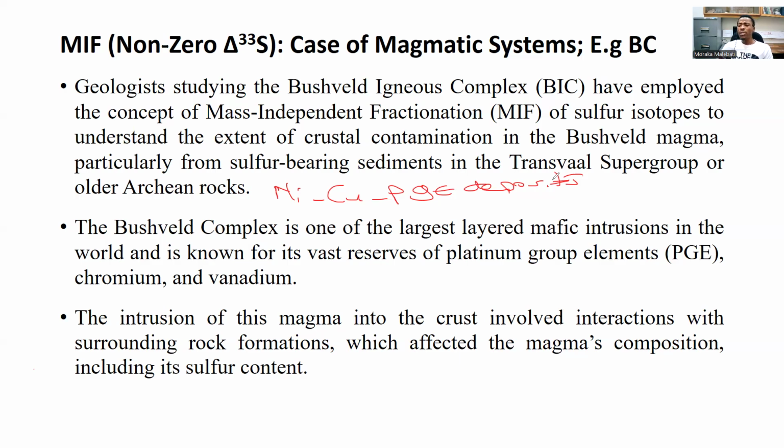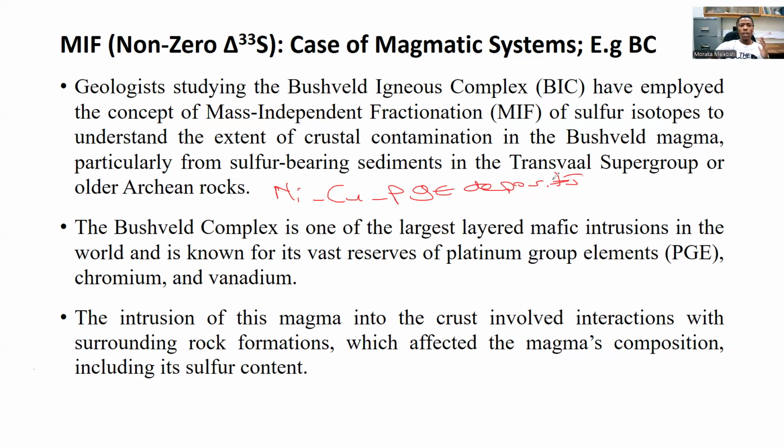So these Cap-33 values, these MIF values, can be employed even in complex multi-stage geological environments. For example, we can be looking at the Platreef in the northern limb of the Bushveld Complex.